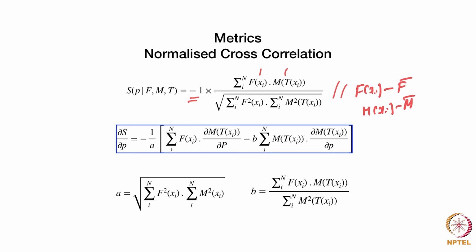Once again, you can go through and do the calculation of delta S over delta P. Like I said, this is an important step, because once you figure out delta S by delta P, all you have to do is P goes to P minus lambda delta S over delta P. This is the gradient descent step. Once you take this step, you again evaluate the metric and calculate how much you have to move.